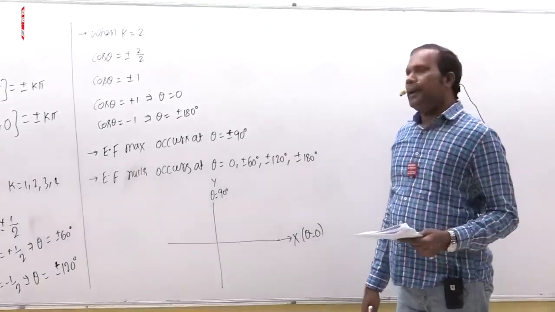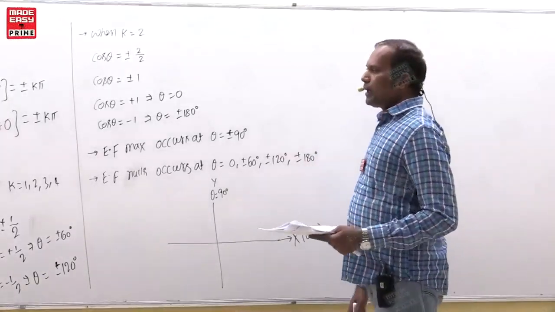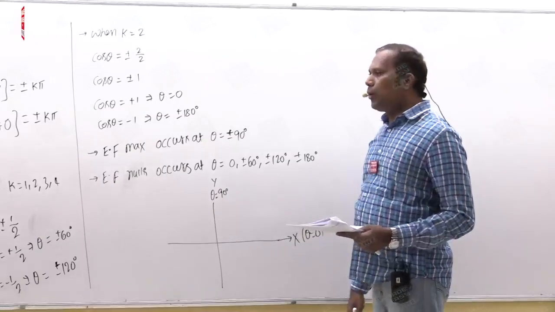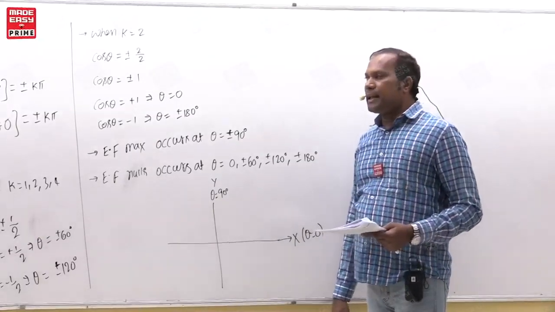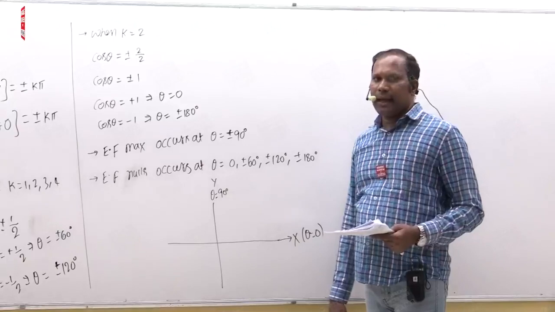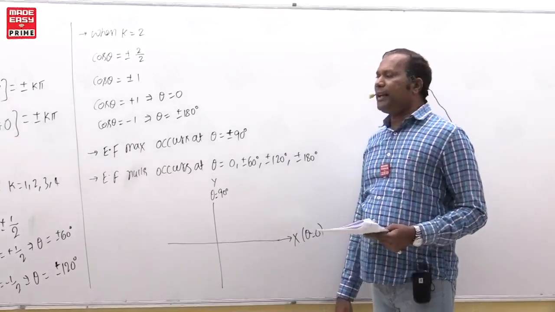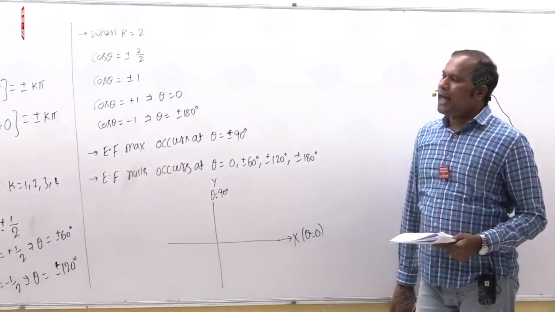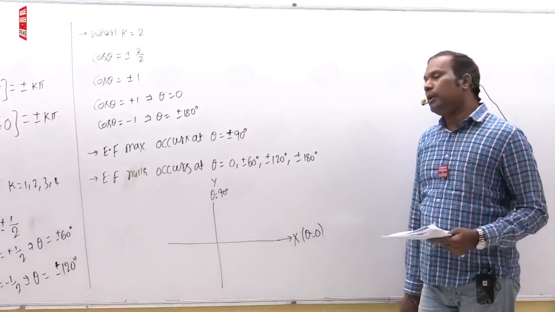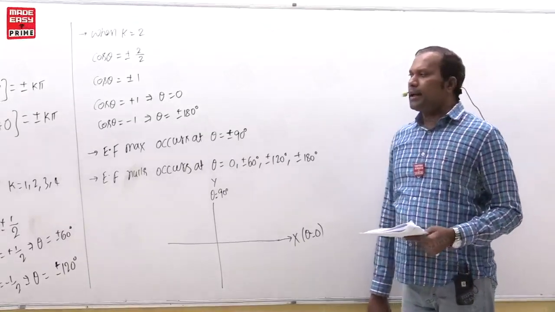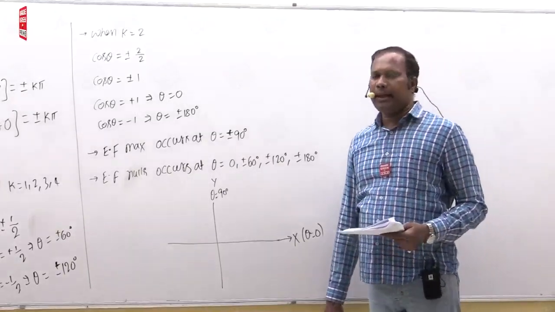Do you remember? I already told you, theta is measured from the antenna array axis. Actually, in the notebook, I have taken the z-axis as the array axis. I told you already, theta is the angle measured from the array axis.